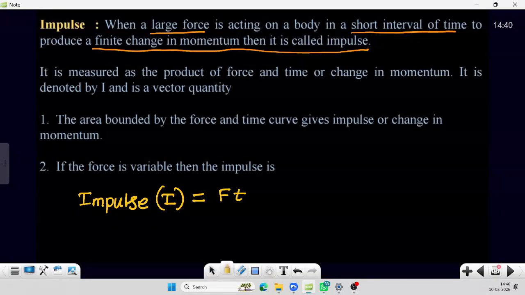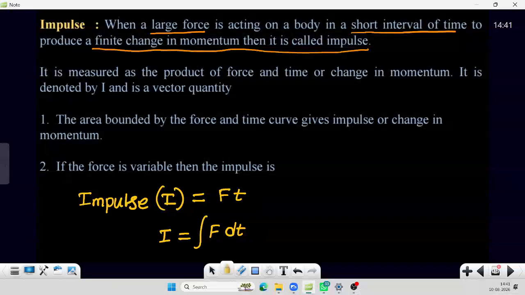If the force is variable, if it is changing, then we write impulse as the integral of F into dt. If the force is a variable quantity, we need to do integration. I is equal to integral of F dt.